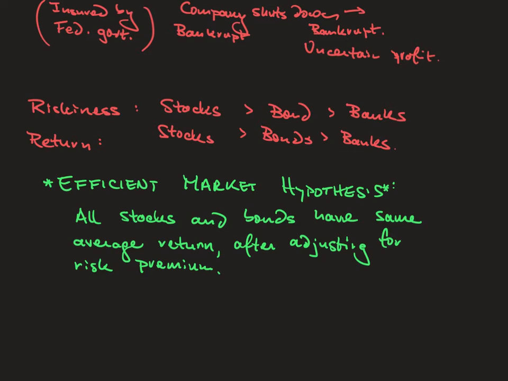This is called the efficient market hypothesis, and economists joke that you could have a monkey pick out different stocks for you, or take a dartboard with the names of a bunch of different companies on it and throw darts at it to pick your stocks.